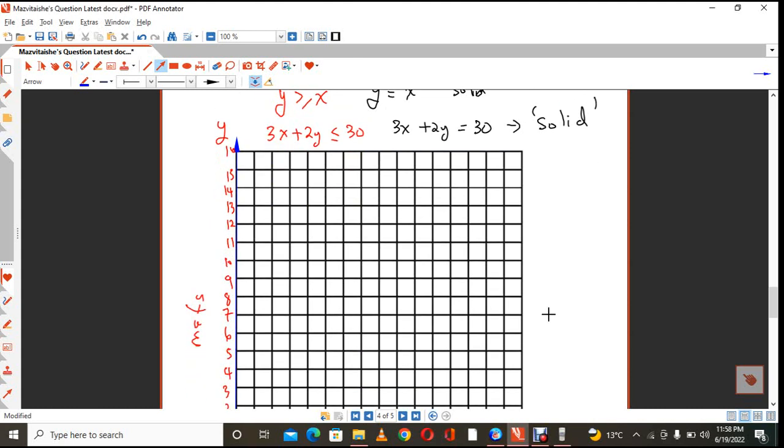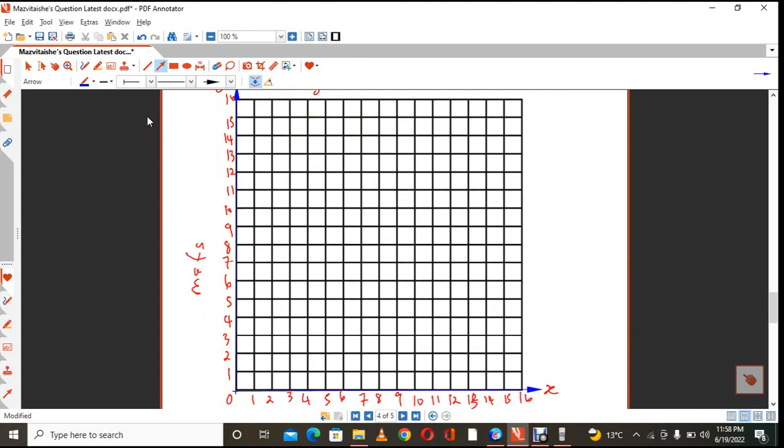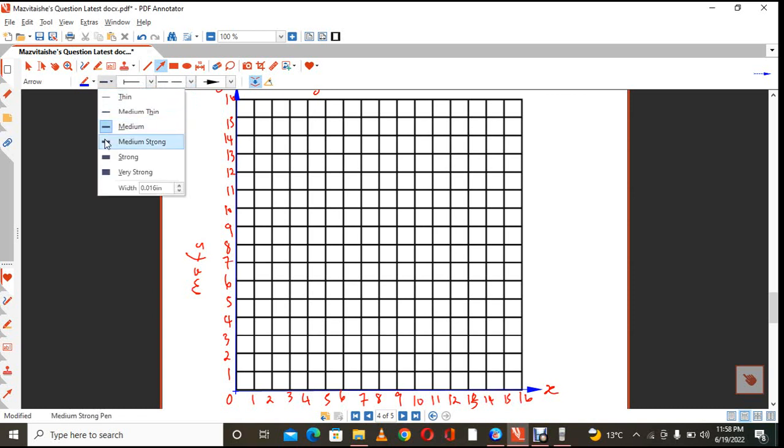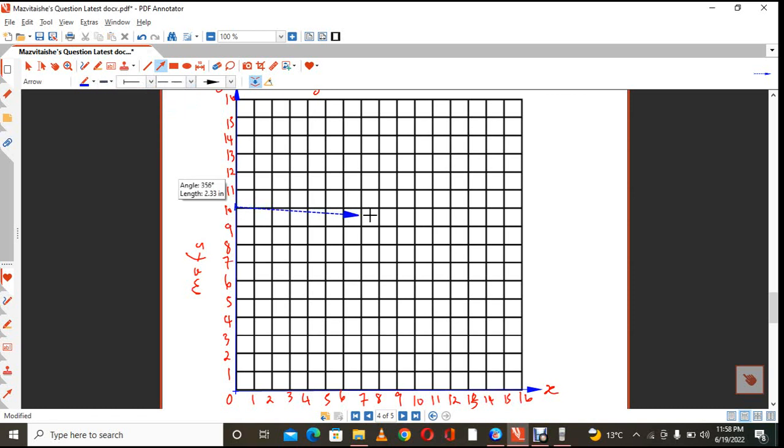All right, so now that we have that, we're going to draw the line. So the line y equals 10 is a horizontal line, and you can draw that line, no questions asked. But then we said it is going to be a broken line, a dotted line, right? So a dotted line, and make it a bit thicker. All right, I don't know if you can see that. It's still an arrow, so I don't want it to be an arrow anymore. I want it to be a line.